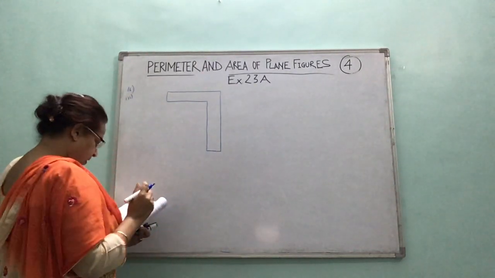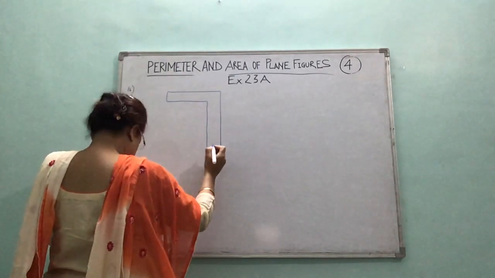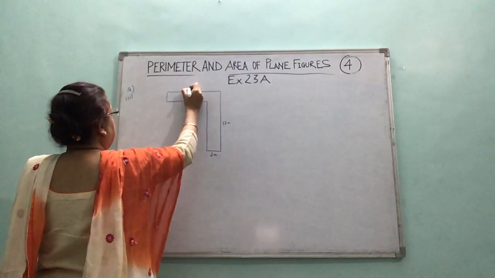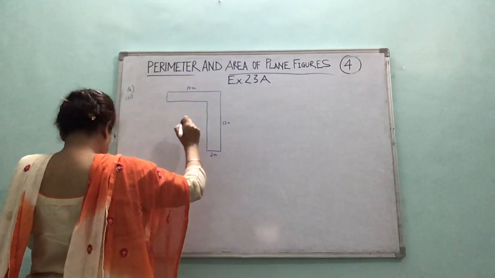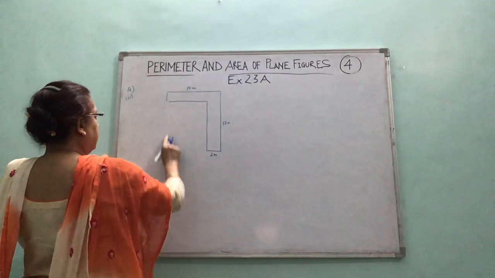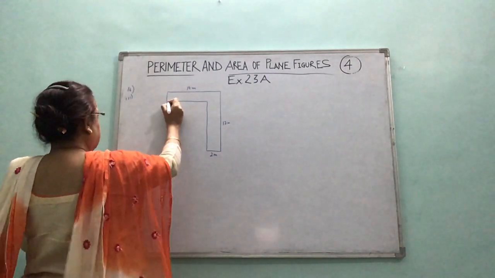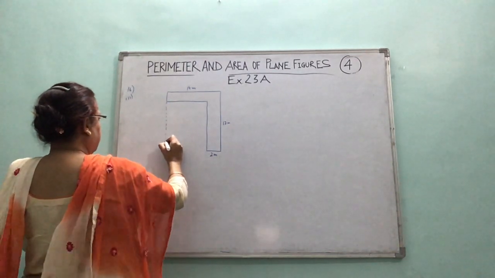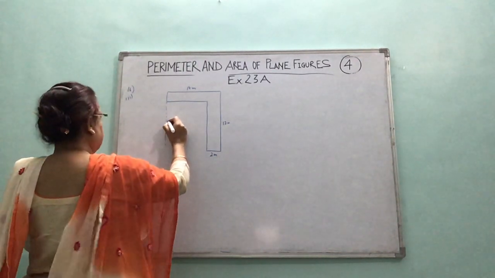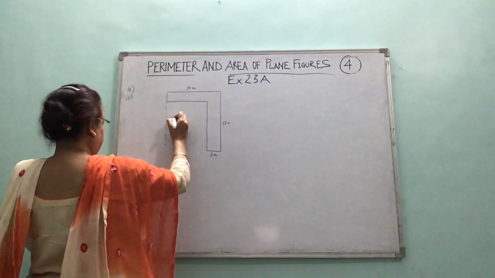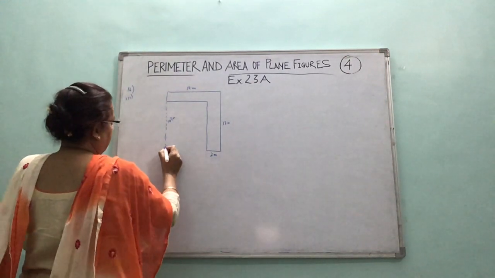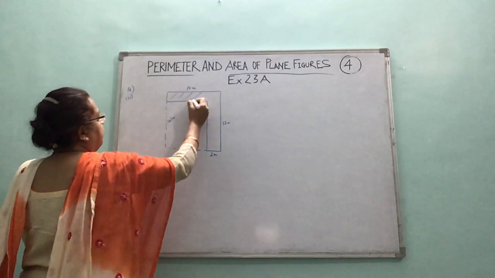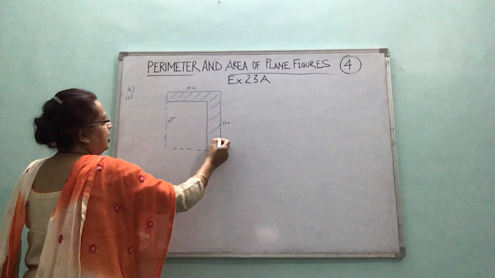Okay, I'll put the values which are given. 2 meter, 12 meter, 14 meter, this full length from here to here is 14 meter, and here they have given that this much, till here I am putting a dotted line, is 10.5 meter. Okay. Now this is shaded. We have to find the area of the shaded portion.